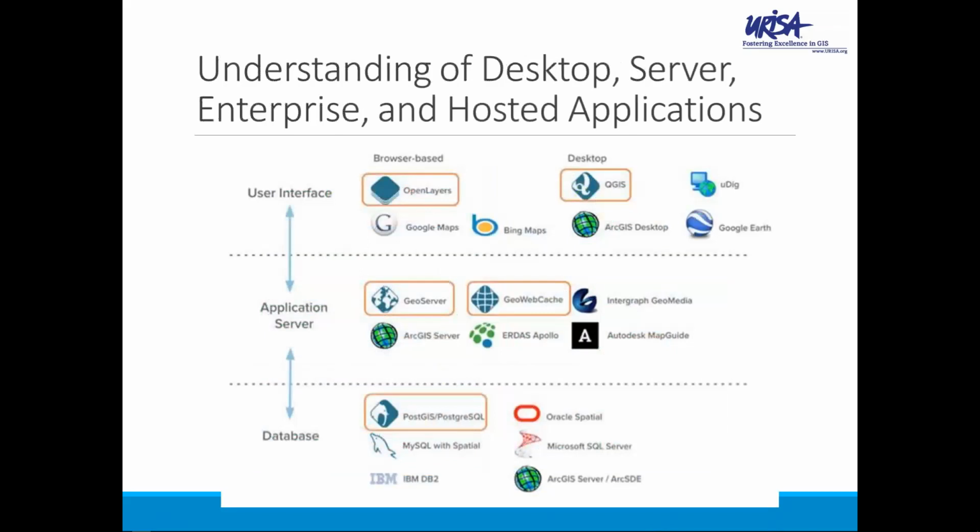Once again, taking a look at our overall structure, have a knowledge of the differences between desktop, server, enterprise, and hosted applications. GIS can be deployed on many different platforms for the software, and so you'll need to know what the differences are when you're implementing this, whether it's the software on a desktop, or if you're working with hosted services such as software as a service or infrastructure as a service.